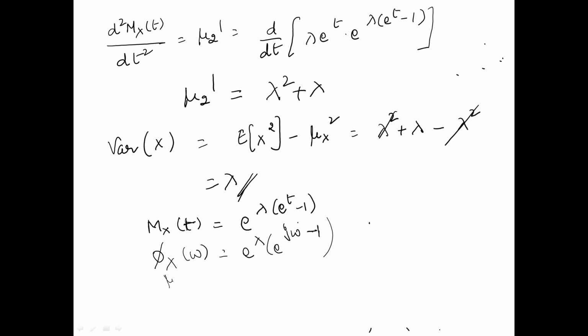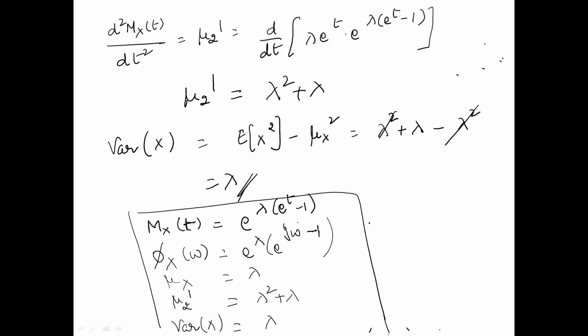And the mean value is going to be lambda, the mean square, the raw moment, is lambda square plus lambda, and variance is again lambda. So this is the final value that we've got for Poisson distribution, right? So we are left with Gaussian distribution, which we will see in the next video.